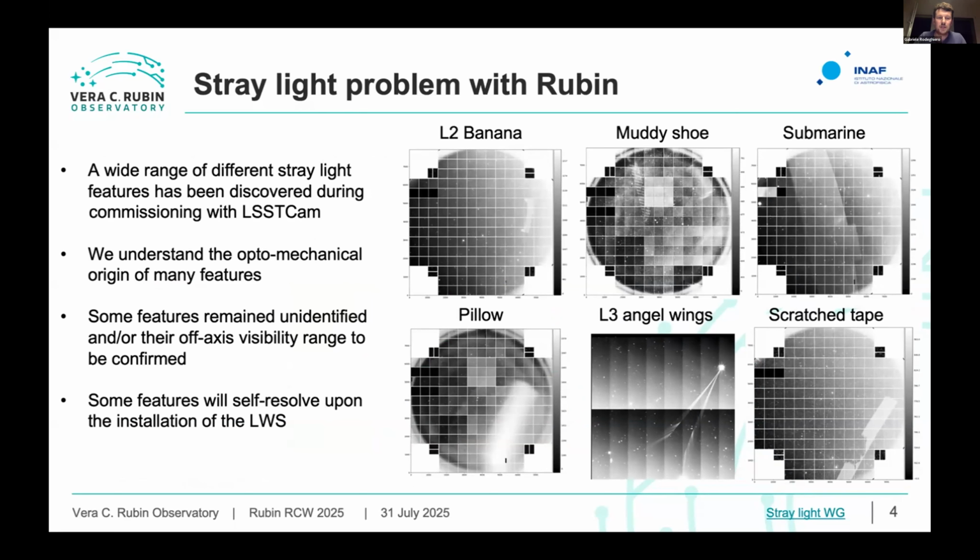For many of them, we know their optomechanical origin. We know where they come from, or we think we understood where they come from. For some of them, we understood also in which off-axis range they develop, not for all of them. And we know also that some of them will self-resolve following the installation of the lighting screen.